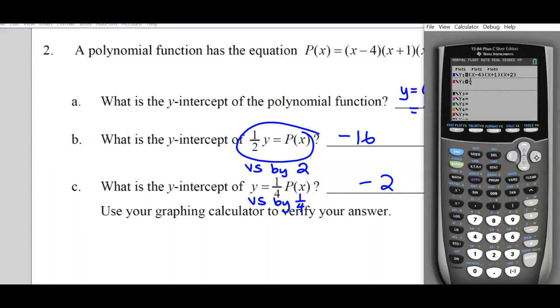How do you get y1? Remember, it's bars, y bars, function. There's your y1. Enter it. There are some different ways of doing it, but this is the way I like to do it. Okay. Now graph.